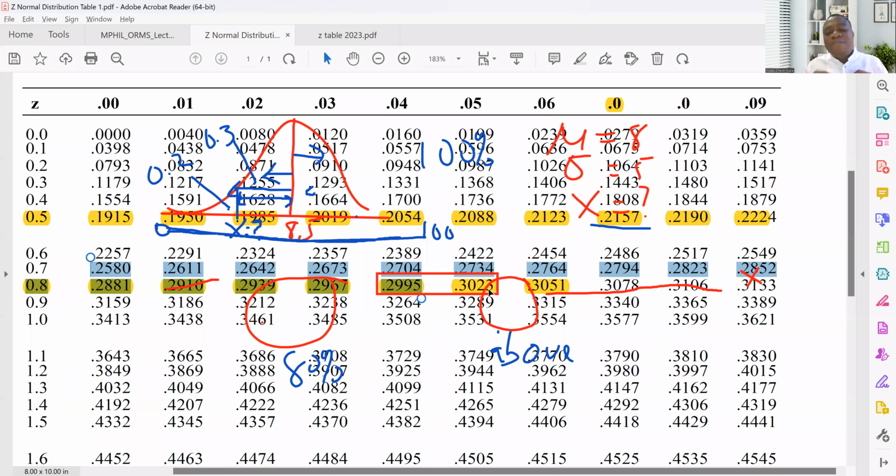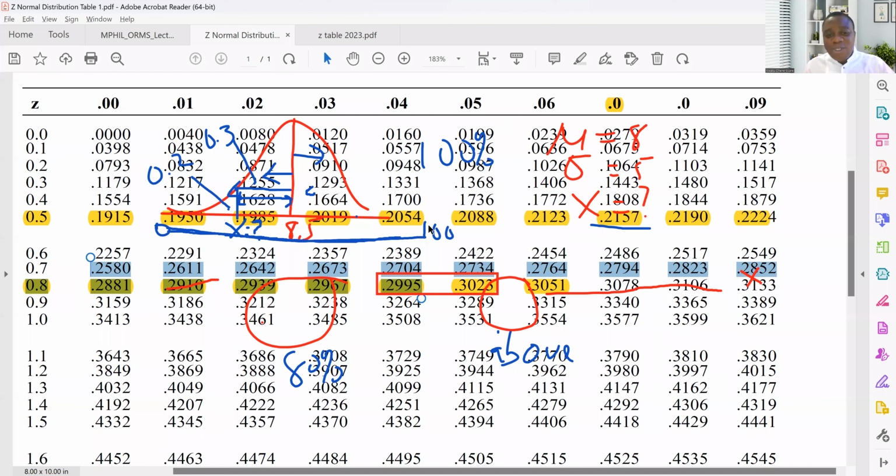So whilst one of them is ending with 5, the other is ending with 23. So it means that 0.2995 is closer to 0.3 than 0.3023. If you don't understand, just use your calculator to guide you on which one is the closest.